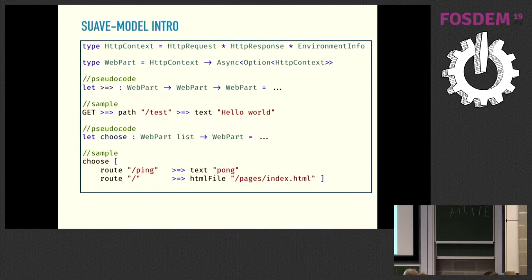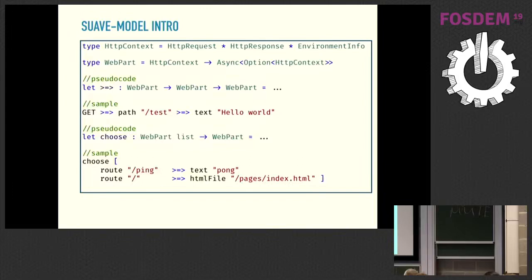Usually there are two kinds of web parts. One kind is doing some type of tests. Is this request a GET request? Is this request something else? Has a given value in the header? And the other kind of web parts are web parts that are modifying the response.